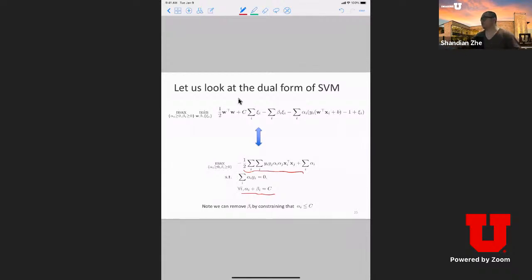So for further simplification, why not we just remove beta? How can we do that? We just replace this constraint by alpha i less than or equal to C. They're equivalent. Why? Because as long as alpha i is less than or equal to C, we know from this constraint that beta i equals C minus alpha i, so it will be non-negative. In this way, we do not need to keep beta i anymore.